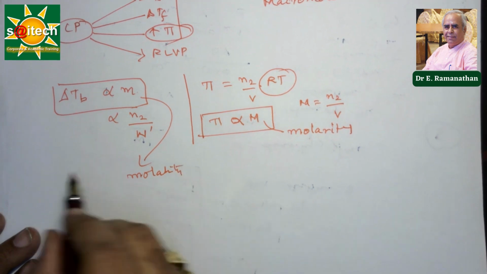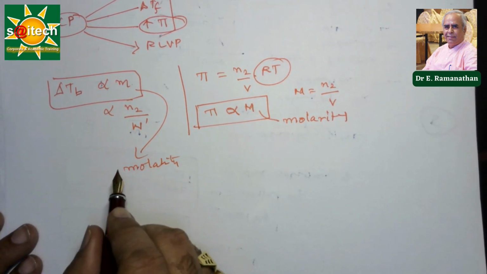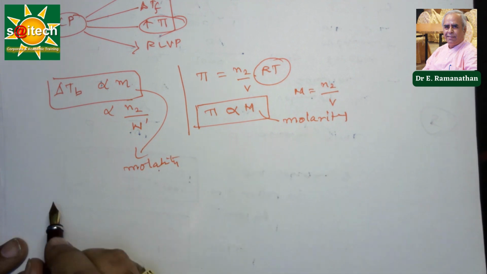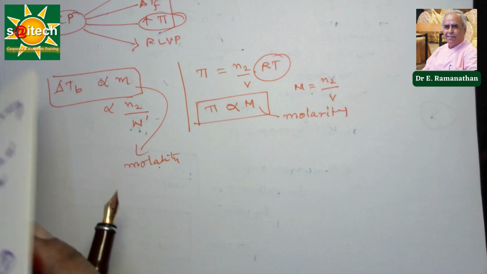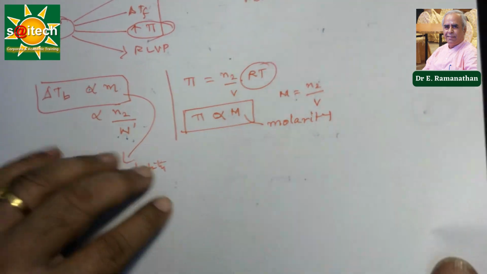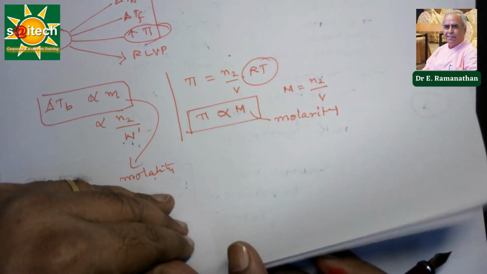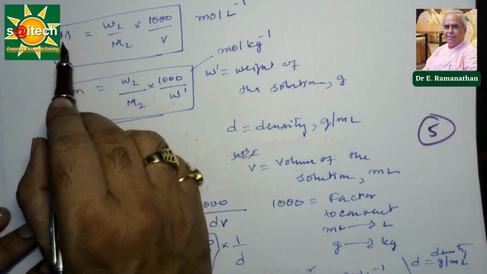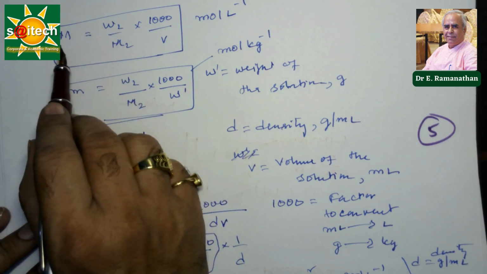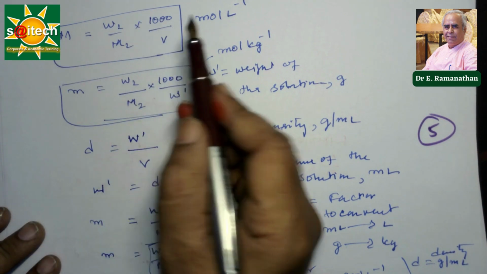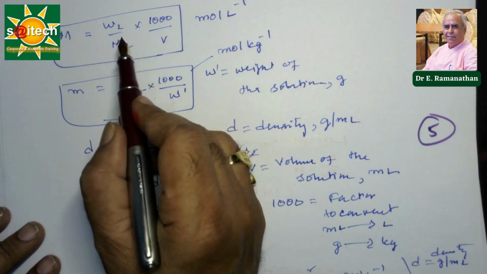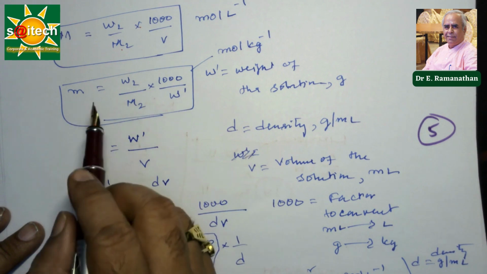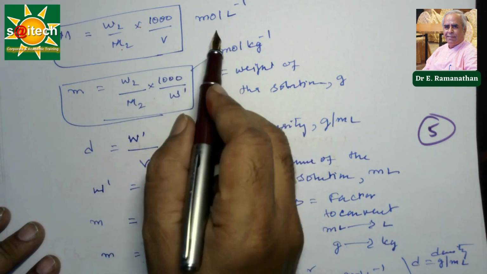Now let me further expand this. There is a relationship between molarity and molality, so I will explain based on this. Molarity is equal to W2 divided by molecular weight into 1000 divided by V, where V represents the volume of the solution.